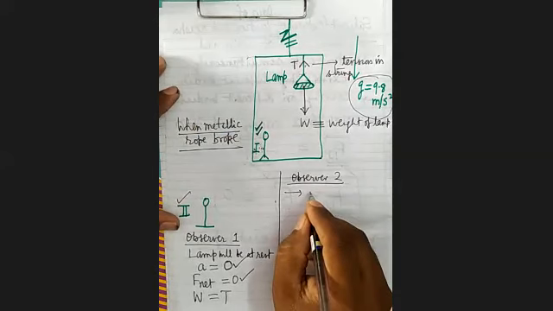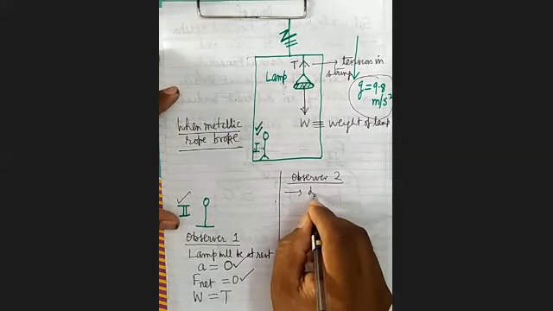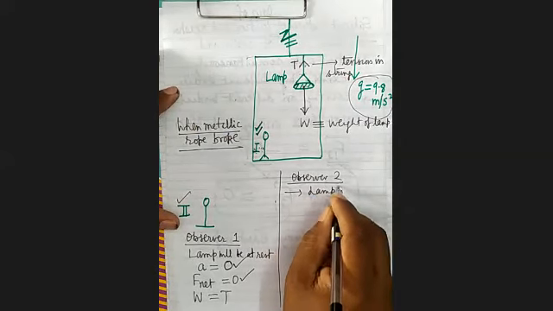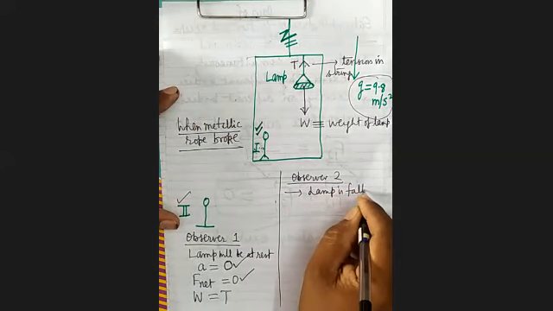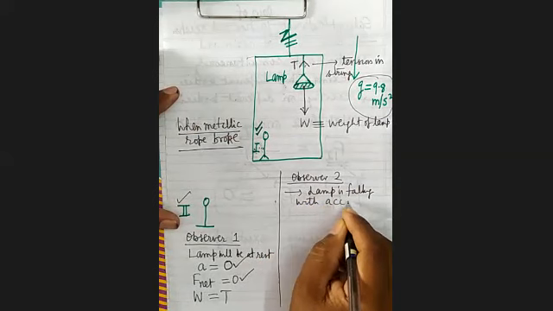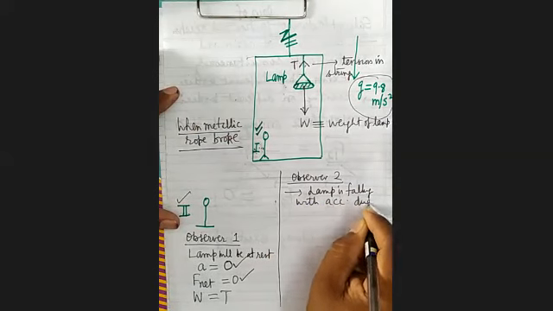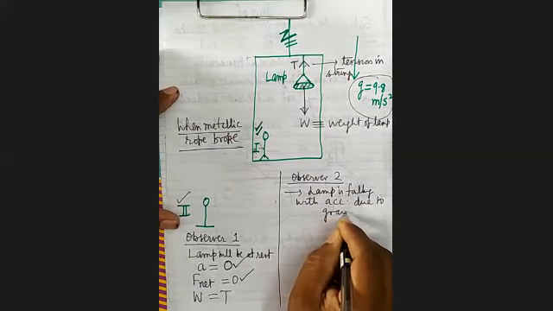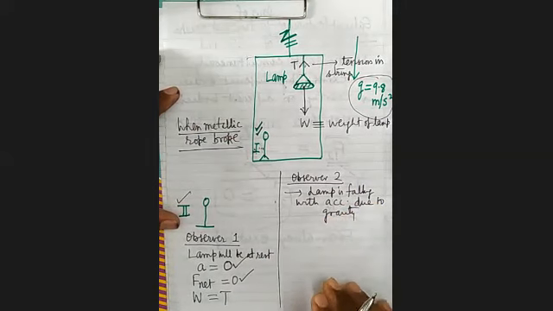Observer 2 finds that the lamp is falling with acceleration due to gravity.